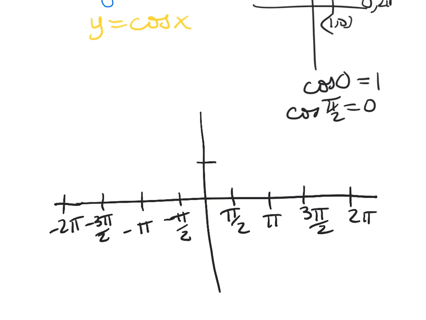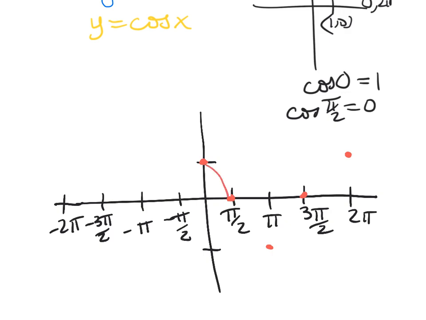So cosine always starts at the 1. And then from there, it's going to go down to 0 at pi over 2. It's going to go down to negative 1 at pi. It's going to go back up to 0 at 3 pi over 2. And then back up to 1 at 2 pi.